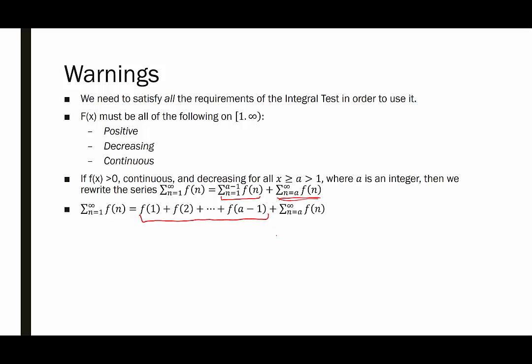Might be 1, might be 2, could be 100, although you'd have some work to do. And then you just determine the convergence of the series starting at a by corresponding it to the improper integral from a to infinity of the associated function. So you just go past any problems such as discontinuities or issues of it changing direction, provided there's a point after which the function will stay positive and decreasing.